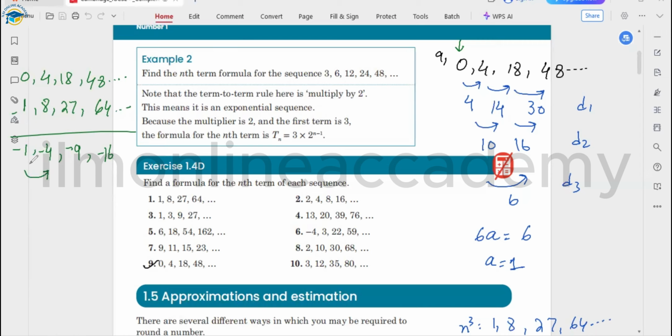So the first difference will be negative 4, plus 1, because we need to subtract the previous number, which is negative 1, and negative negative will be positive. So negative 4 and positive 1 will represent negative 3.